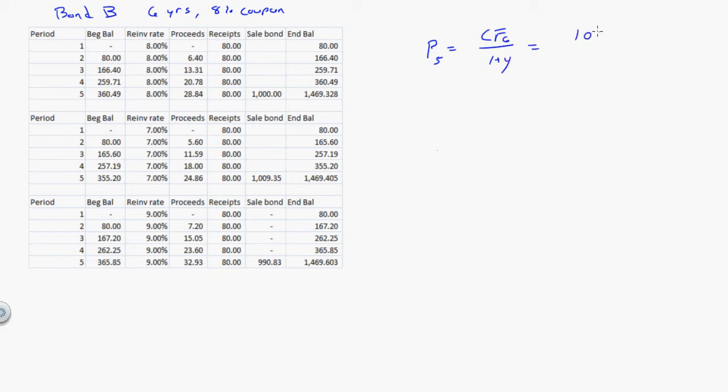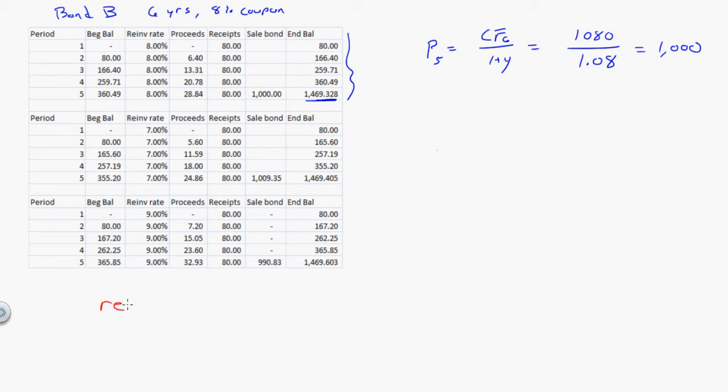The cash flow in year 6 is $1,080. In this first scenario, the yield to maturity is 1.08. It comes out to be $1,000. So we hit this exactly, right on the nose. Now, what happens if interest rates go down to 7%?